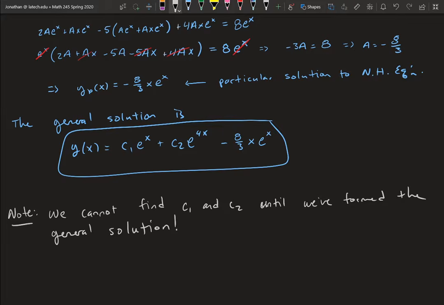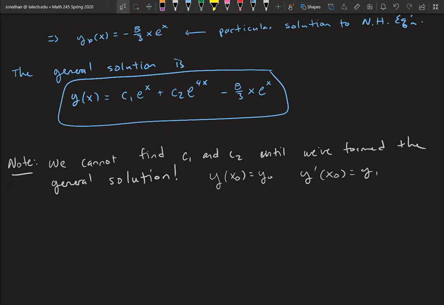Because the initial conditions, y of x0 equals y0 and y prime of x0 equals y1, apply to the general function, not just the homogeneous solution.